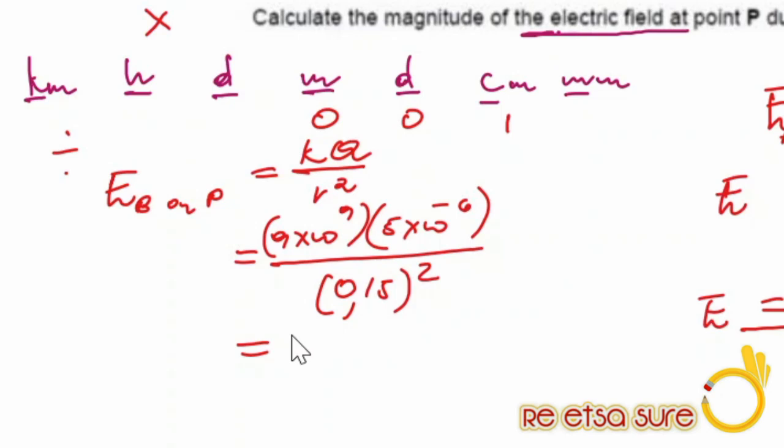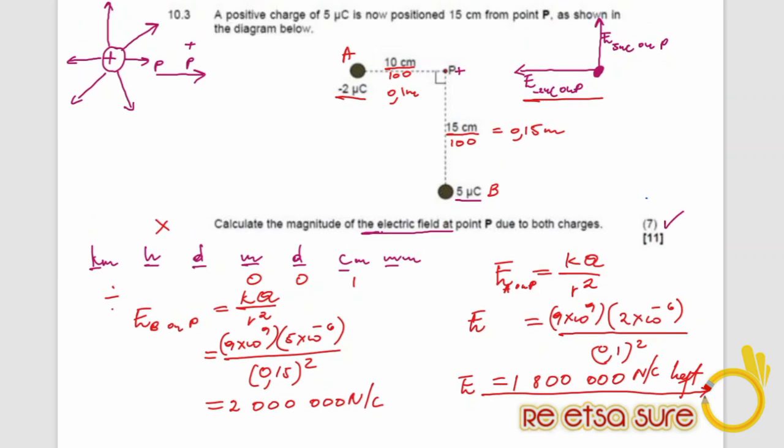Our answer for this one has to be something like 2 million newtons per coulomb. But in this situation, our direction is upwards.